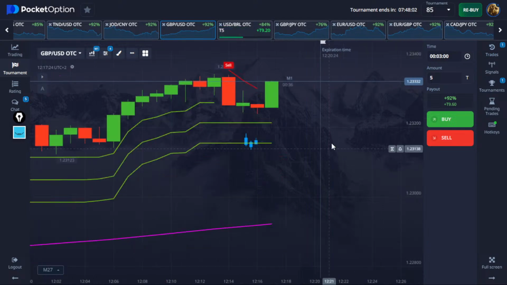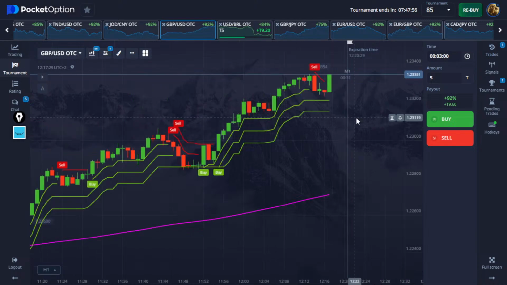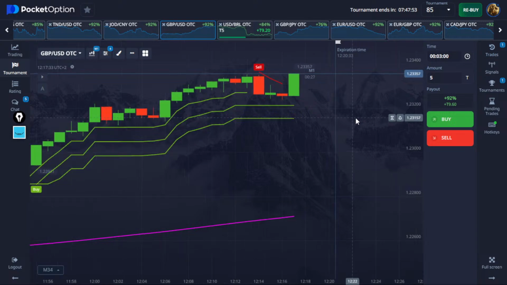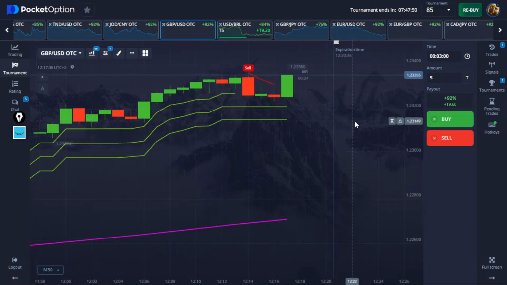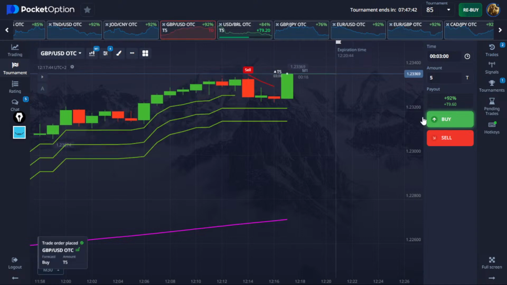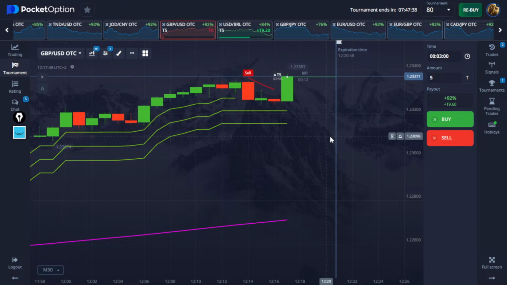Beautiful. That's it. Lots of buyers pressure. So I'll go ahead and enter the trade here. It has momentum, so that's why I will not wait for the close.